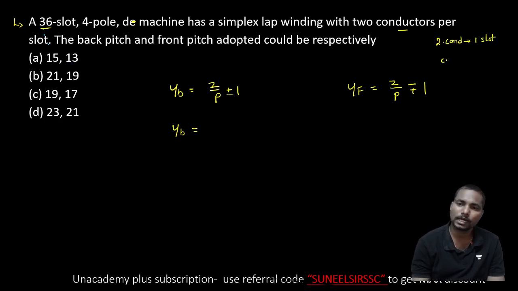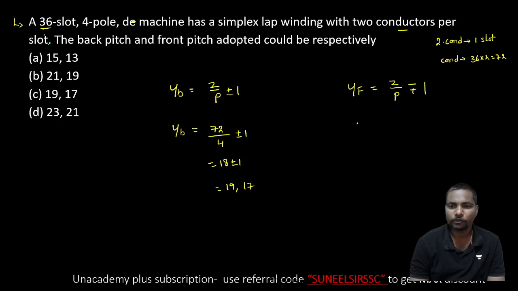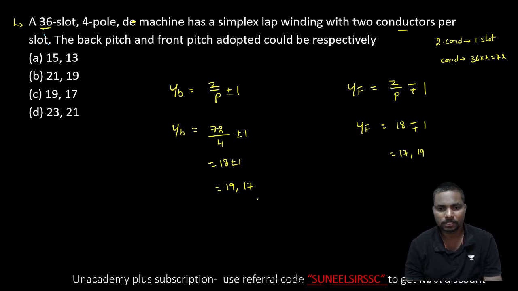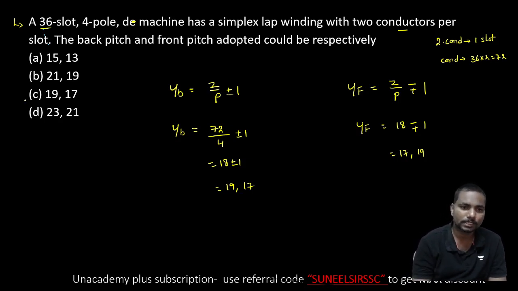So total conductors are 36 into 2, that is 72. So 72 conductors per pole plus or minus 1, so 18 plus or minus 1, that is 19 comma 17. Here if you calculate, you will get the same: 18 minus or plus 1, that is 17 comma 19. Generally we take back pitch greater than the front pitch, 19 comma 17. So the answer is option C.